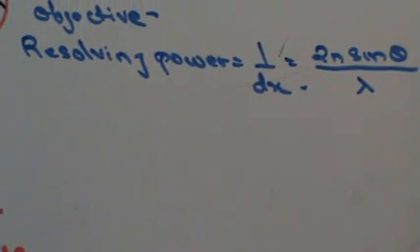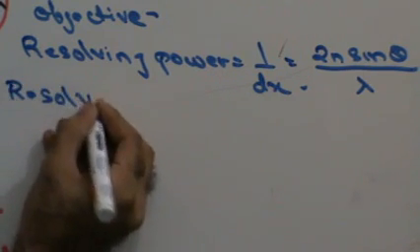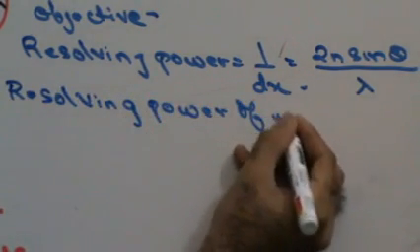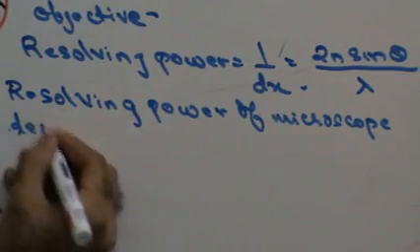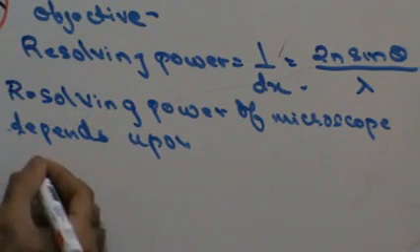Thus, the smaller the value of dx, the greater will be the resolving power. That means the resolving power of the microscope depends upon, what are the factors it depends upon?